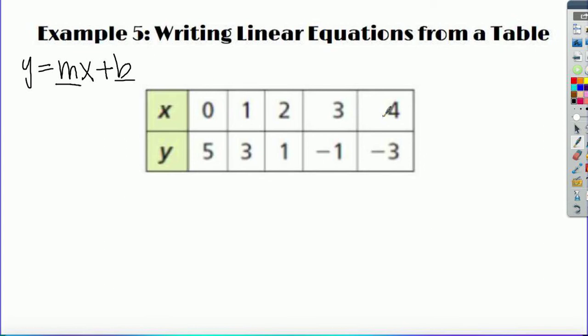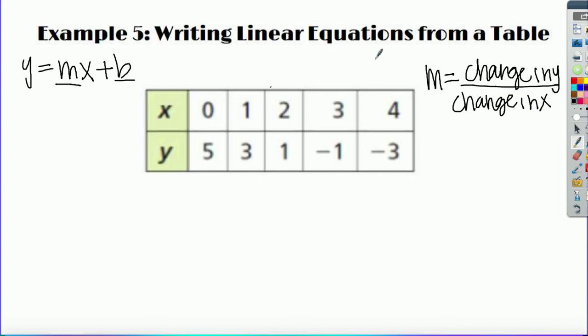Last time we did this process, we would find the slope from looking at the pattern or the differences in both the y's and the x's, and remembering that slope is found from the change or difference in y divided by the change in x. So previously we found the patterns over the intervals.